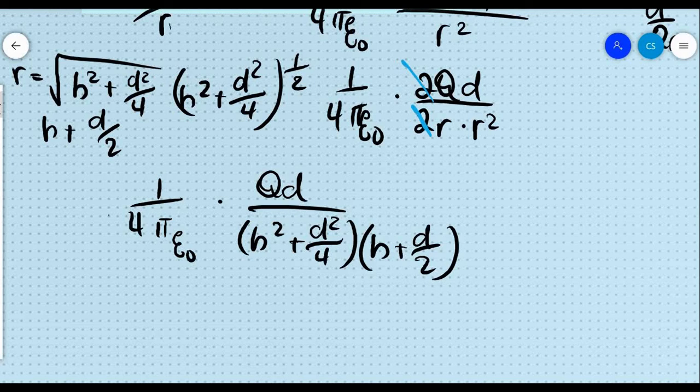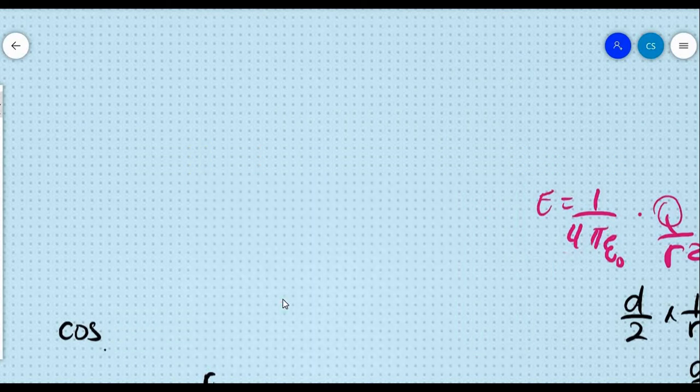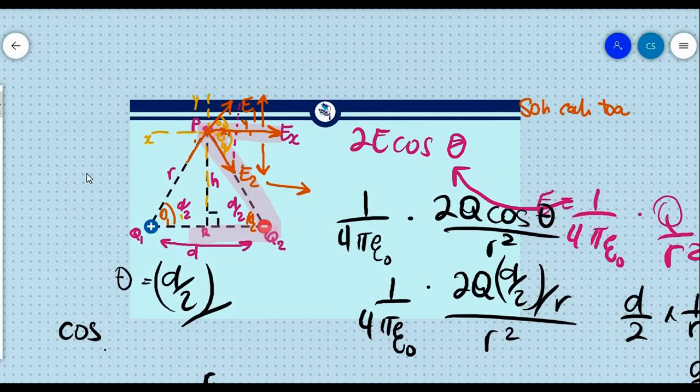That is what we have to work with now. Now, going back up here, let's take a look at this.